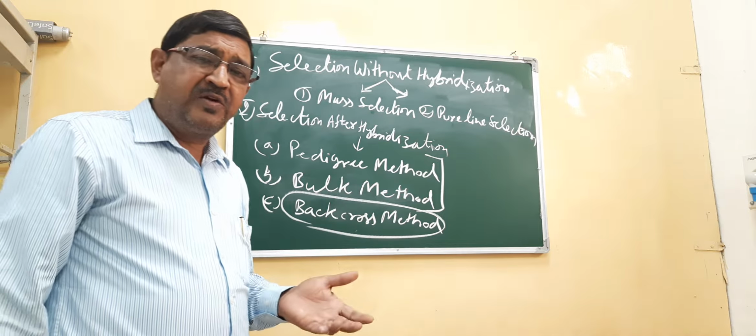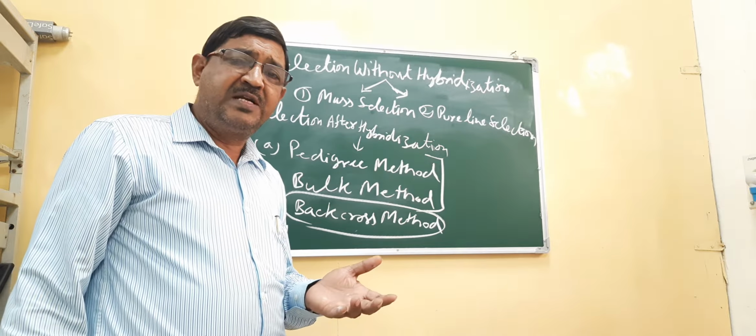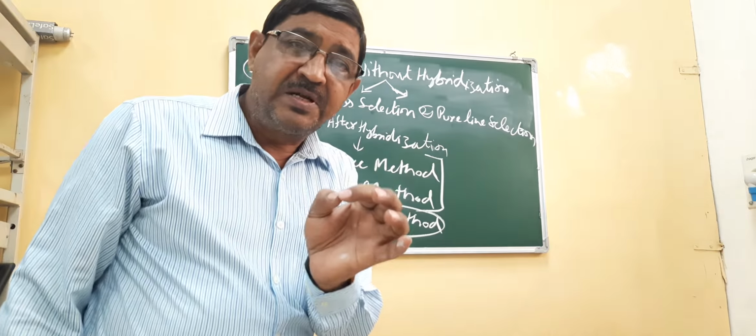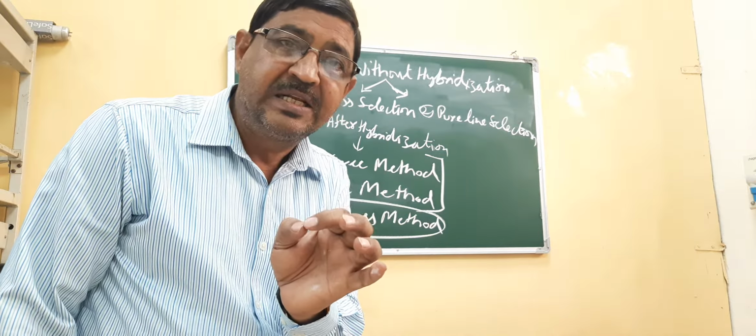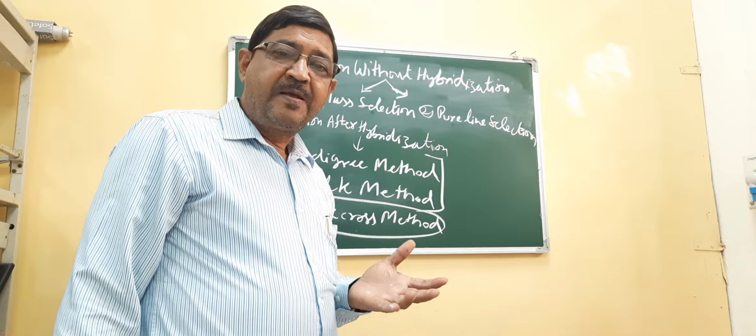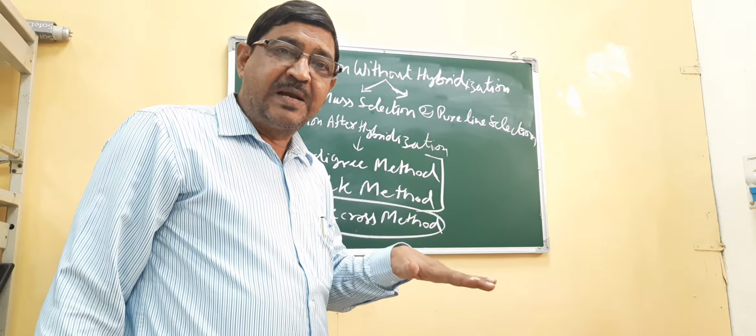As you know, there are very popular varieties. The Sub1 gene, the submergence tolerance gene, has been introgressed into Swarna. It is the same Swarna, but with submergence tolerance capability.